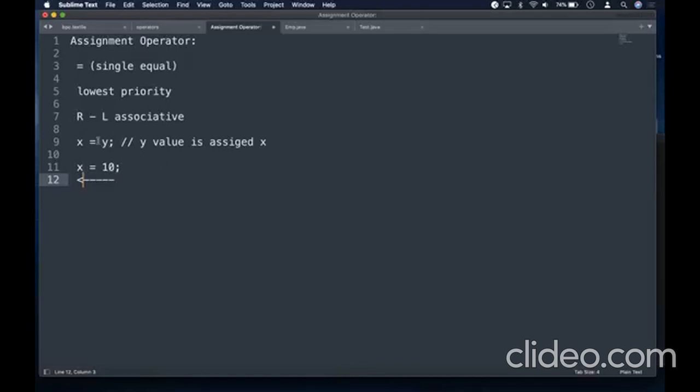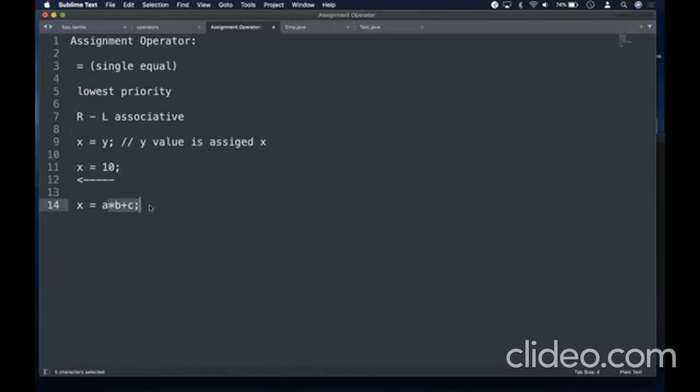And it has the lowest precedence. For example, if I write x equal to a into b plus c, now what happens? A into b will happen first, and the whole result will get added to c. Then finally, this whole expression value will get assigned to x. So the assignment operator has the lowest priority. When everything is done at the right side, finally this value is assigned to x.